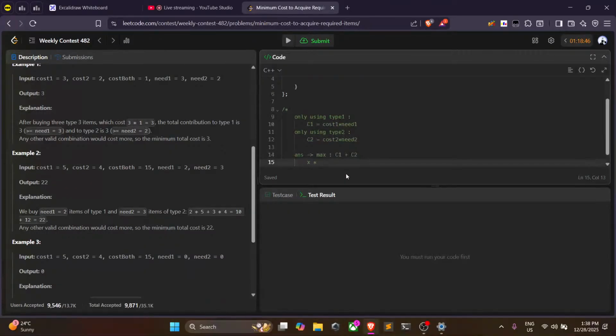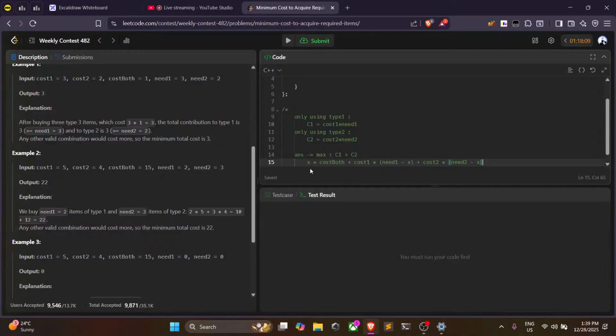So x into cost both, plus cost1 into need1 minus x, plus cost2 into need2 minus x.